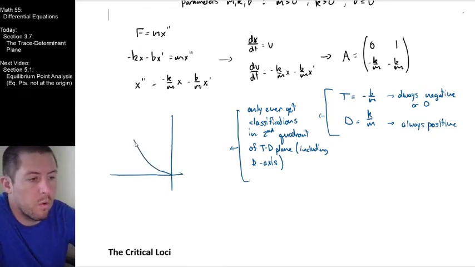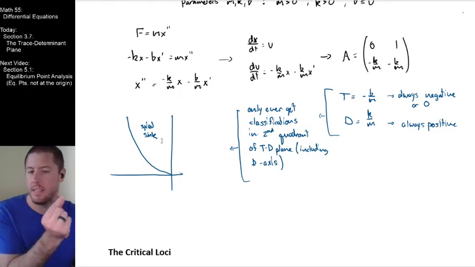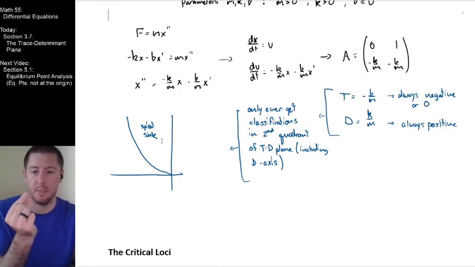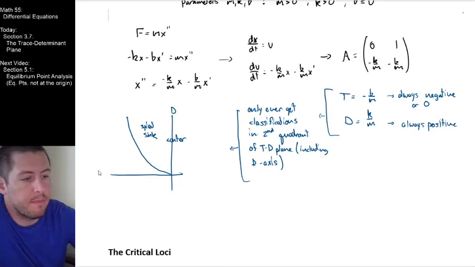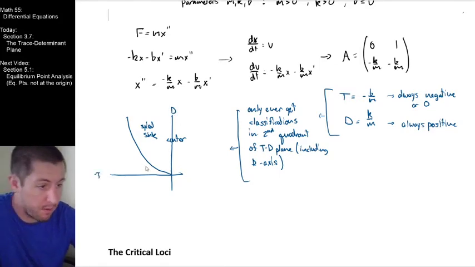So what are all the possible classifications? We could have a spiral sink. We know that that's possible with a harmonic oscillator. That's exactly what I typically picture with the mass on a spring, it's bouncing back and forth till it comes to rest. Technically, because we could have no damping, we could have a center. That's our d-axis right there. There's our negative t-axis over here.